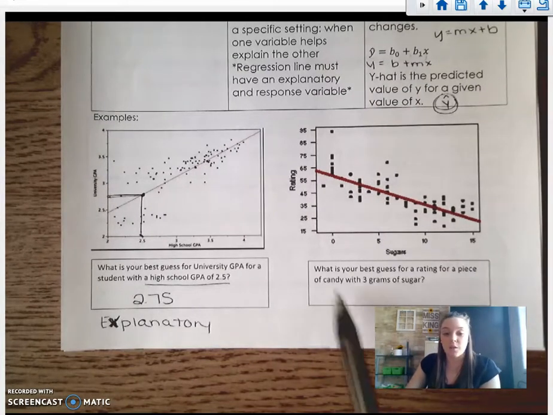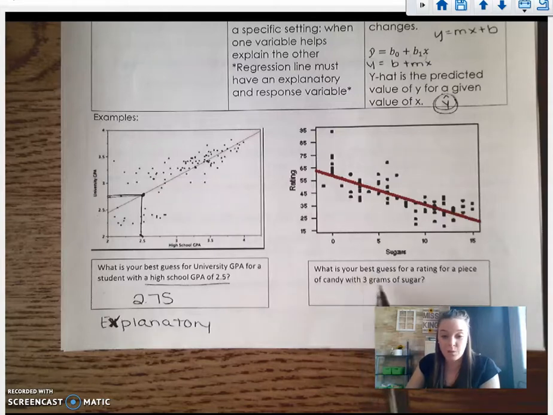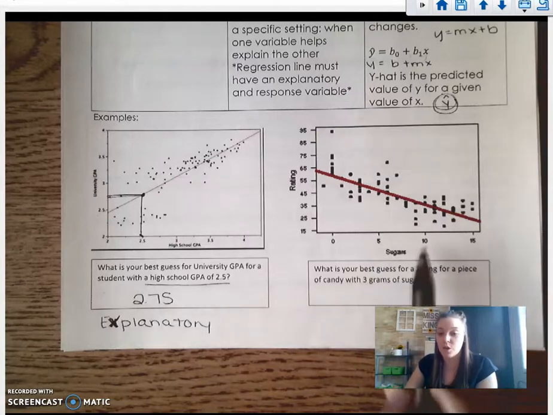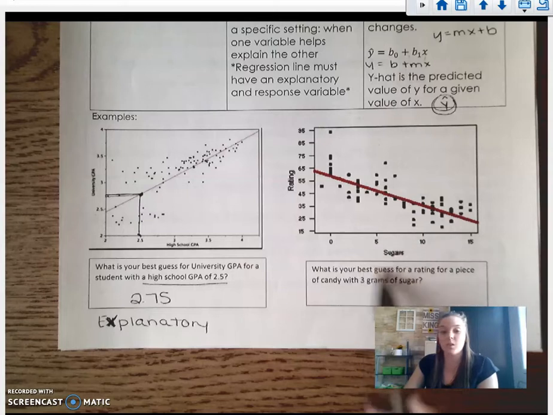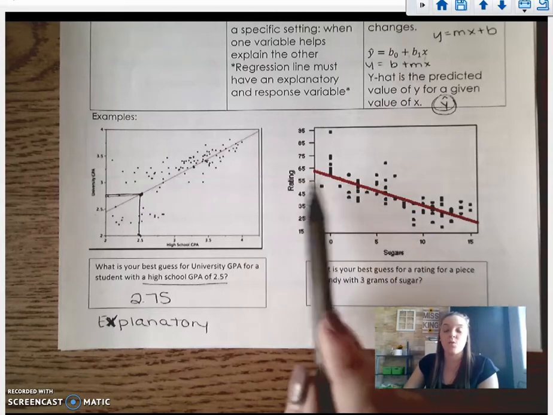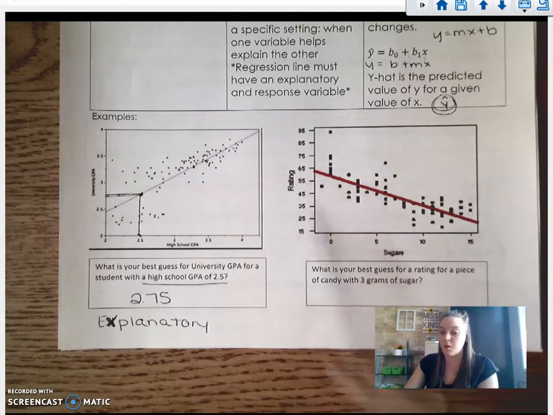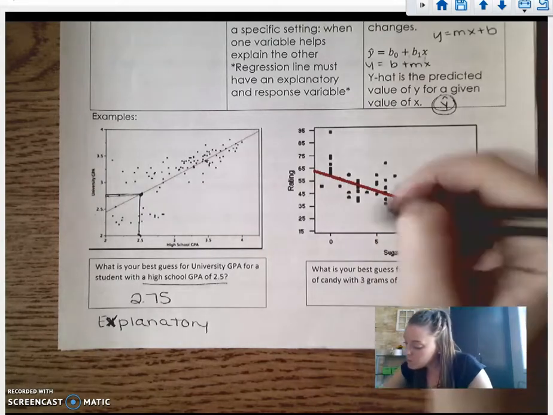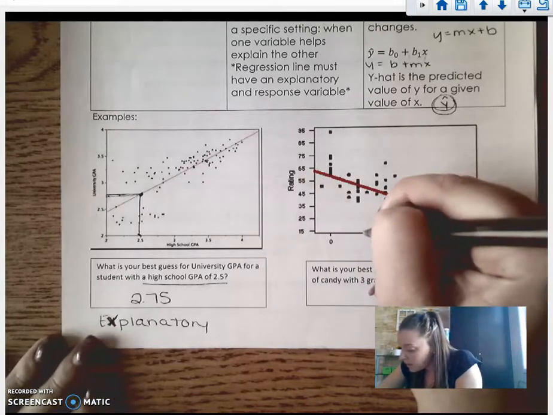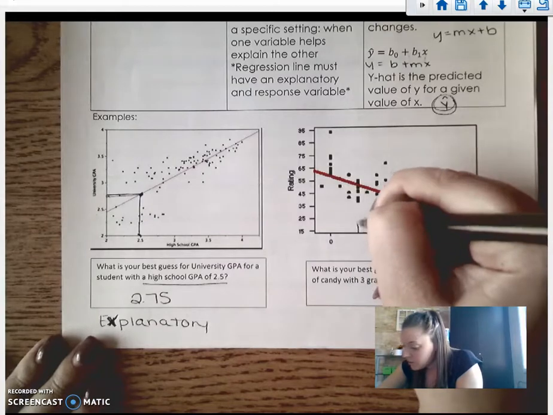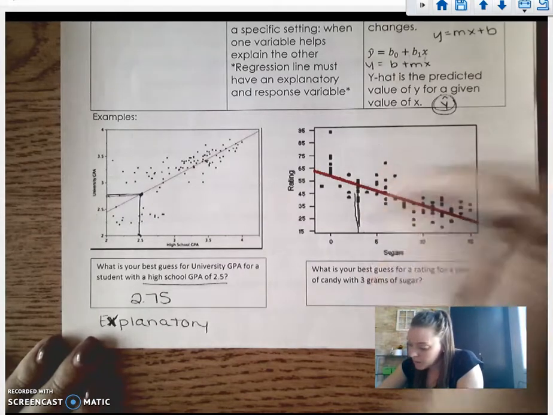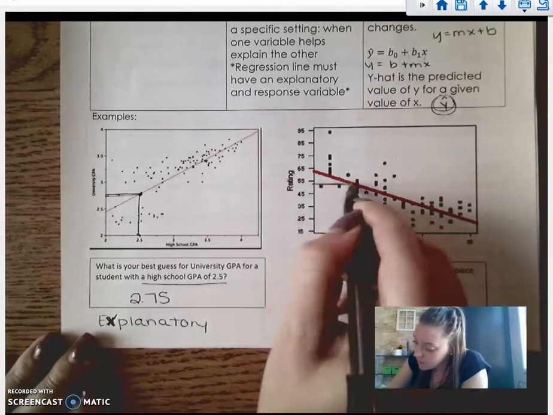Second one is very similar. It says, what is your best guess for a rating for a piece of candy with 3 grams of sugar? So the grams of sugar is going to be your explanatory variable, and the rating is going to be your response variable. 3 grams of sugar would be approximately right here. So we're going to go up about right here, over.